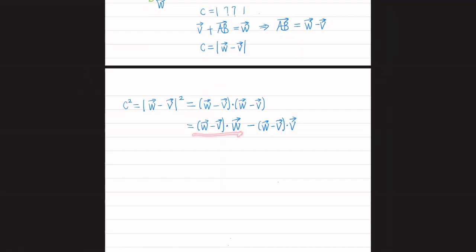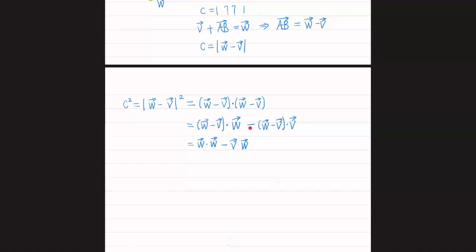This time, I distributed w to both of them. I think that's v, yes. It's w squared, minus 2vw will be there.